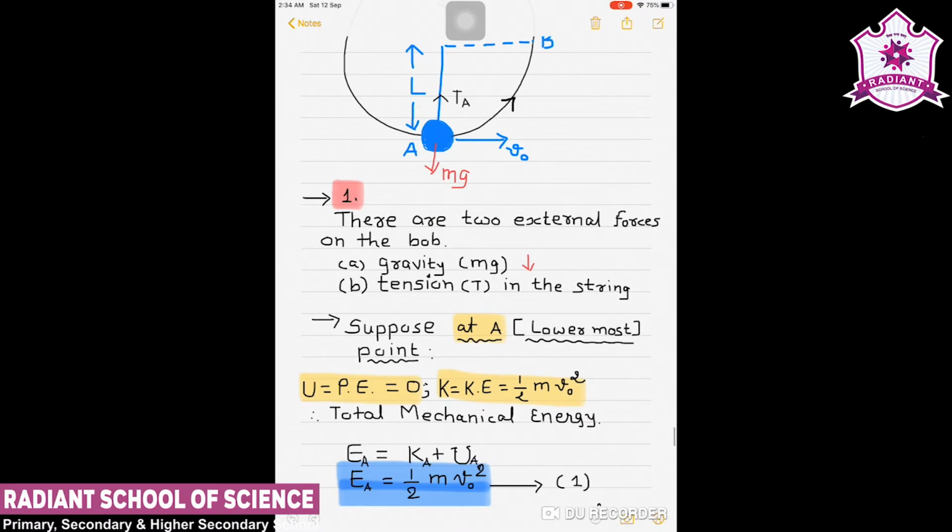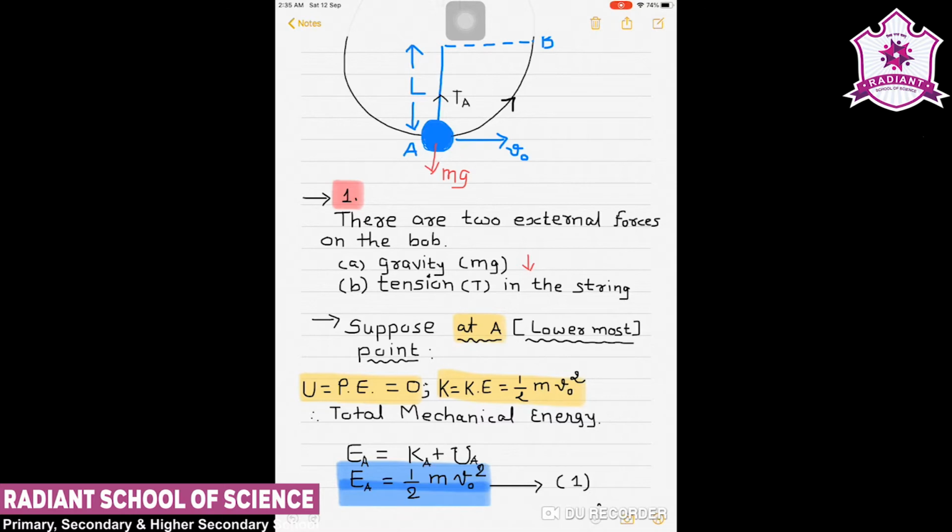Now we are given that the bob is imparted with a force so that it moves with velocity v0. So at point A, the kinetic energy is given by 1/2 m v0 square, and therefore the total mechanical energy EA, where A belongs to point A, is equal to the kinetic energy KA plus the potential energy UA.